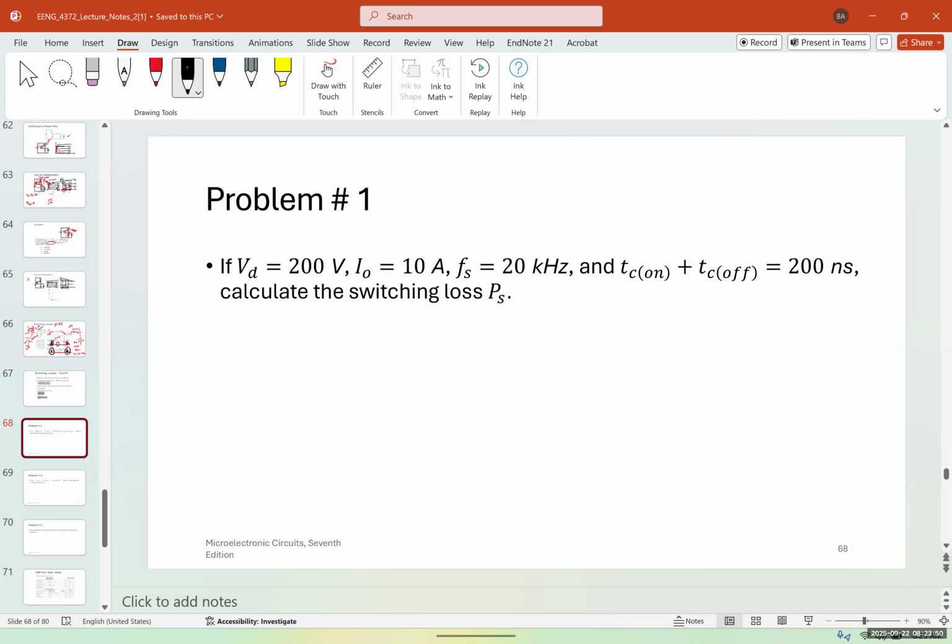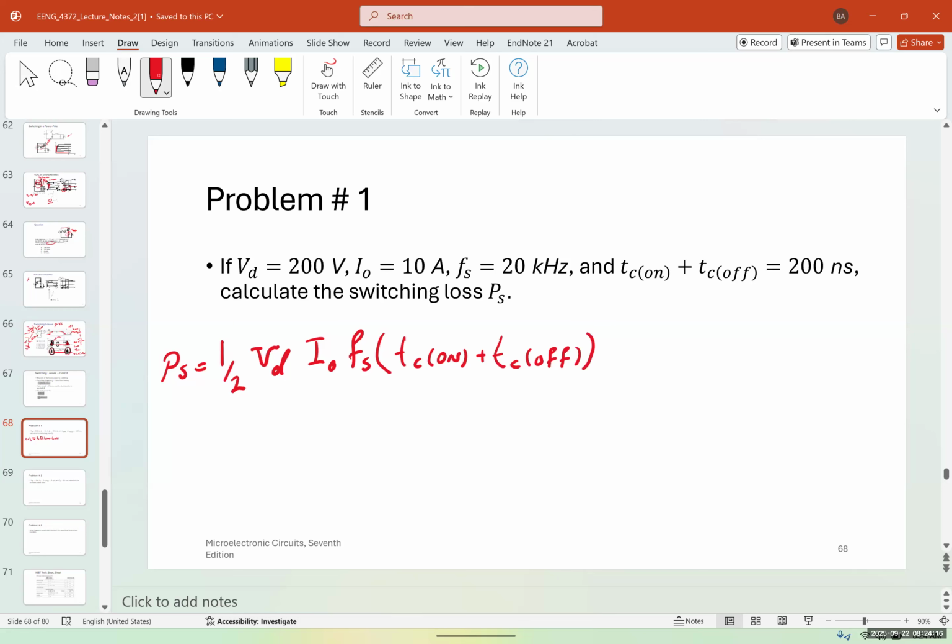So Ps is equal to half Vd, I out, Fs, Tc on plus Tc off. I'm going to write it here. So it's going to be half. What is Vd?